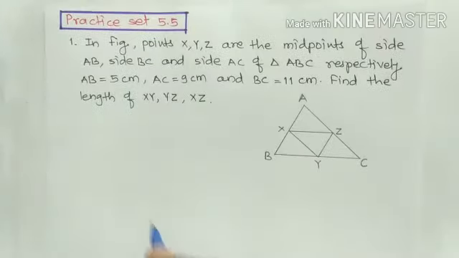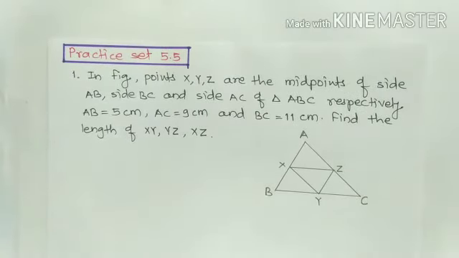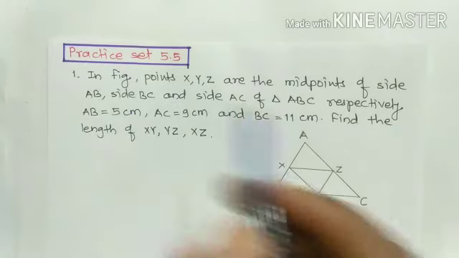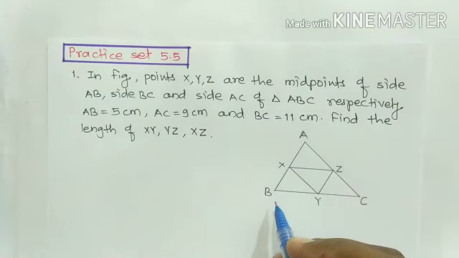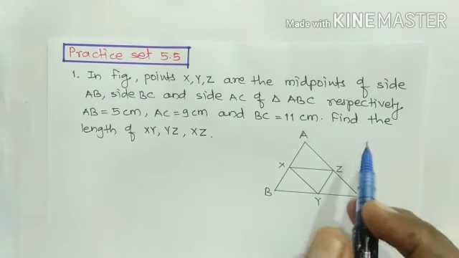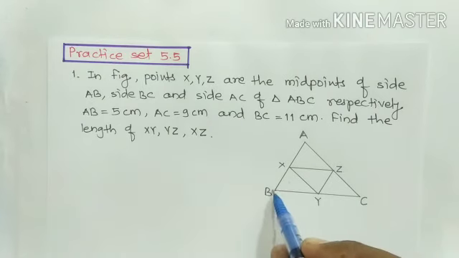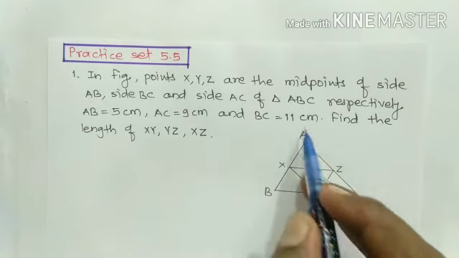Now we are going to solve the examples in practice set 5.5. So the first question is, in figure, points X, Y and Z are the midpoints of side AB, side BC and side AC of triangle ABC respectively. Here AB equals 5 cm, AC equals 9 cm and BC equals 11 cm.